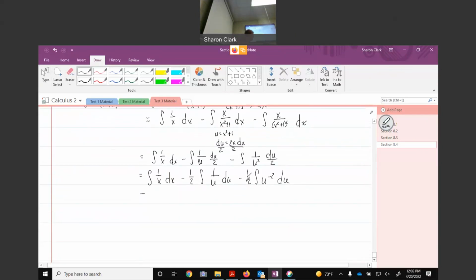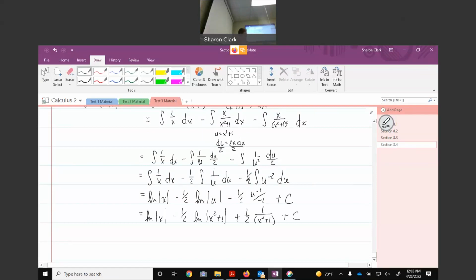So that's going to equal ln of x minus 1/2 ln of u minus 1/2 u to the -1 over -1 plus c. Now plug in u: ln of x minus 1/2 ln of x squared plus 1 plus, because of the two minuses, 1/2 times 1 over x squared plus 1 plus c.